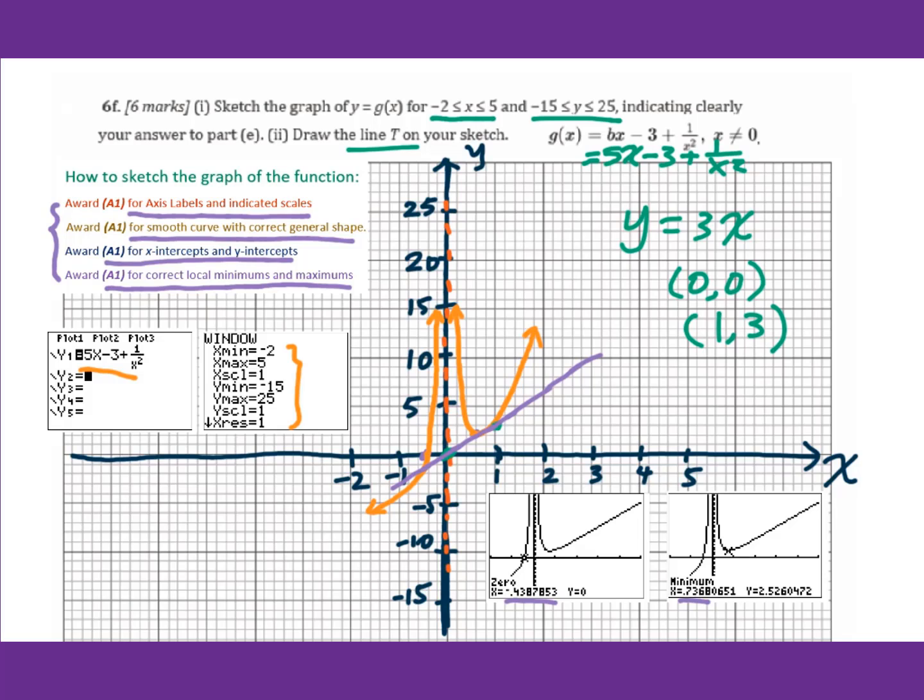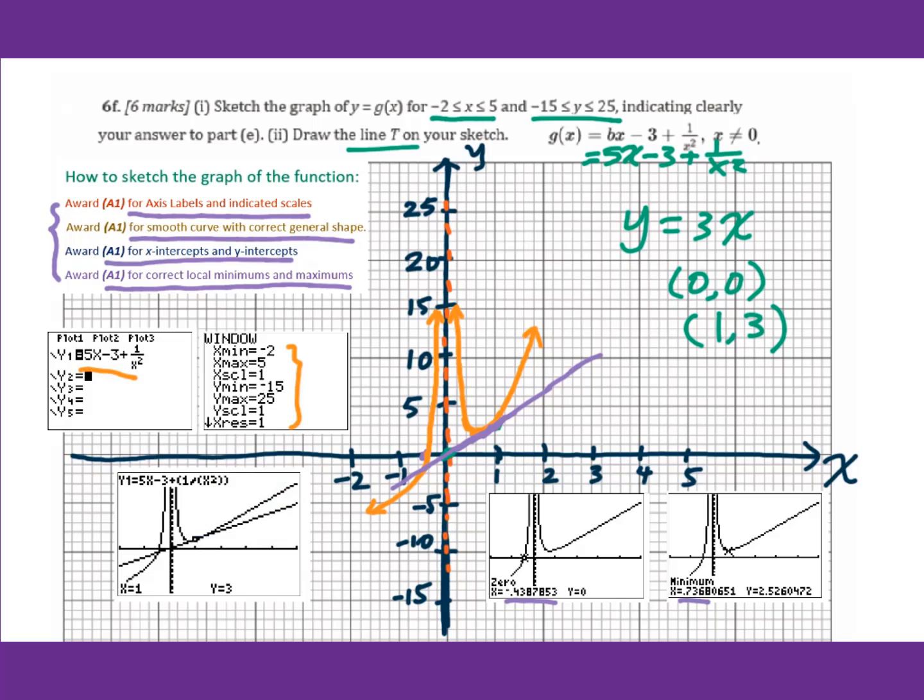Make sure it's only one intercept. This is only one intercept, that is (1, 3). Put it into a graphing calculator, you could see this.